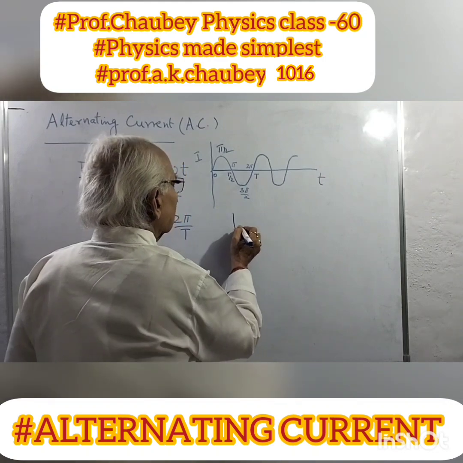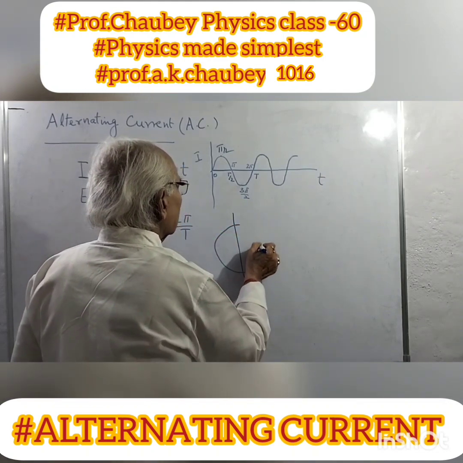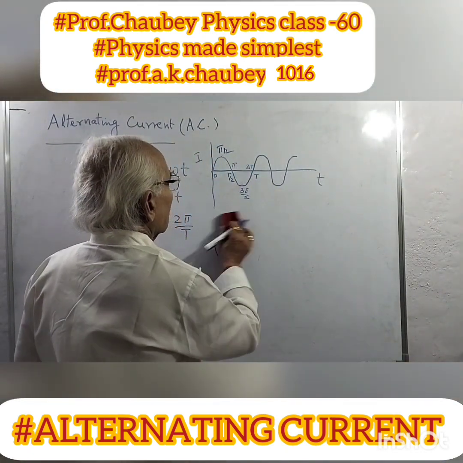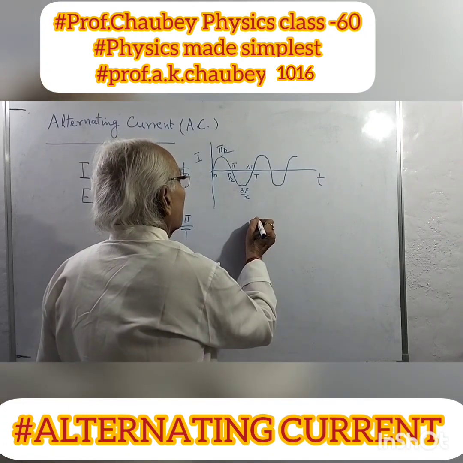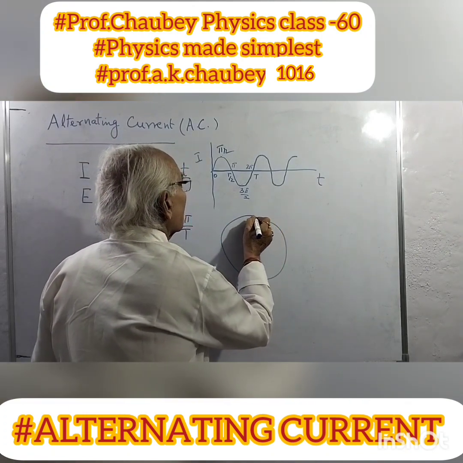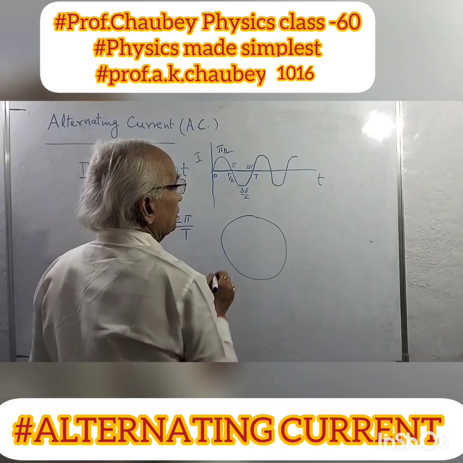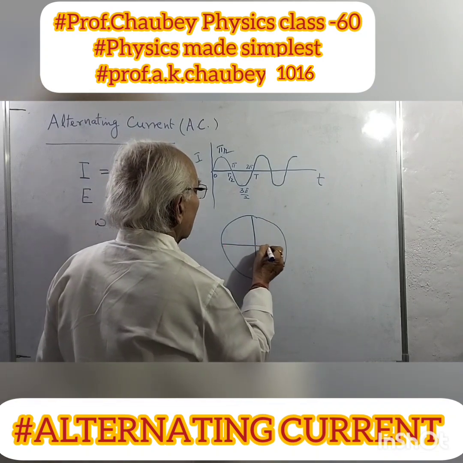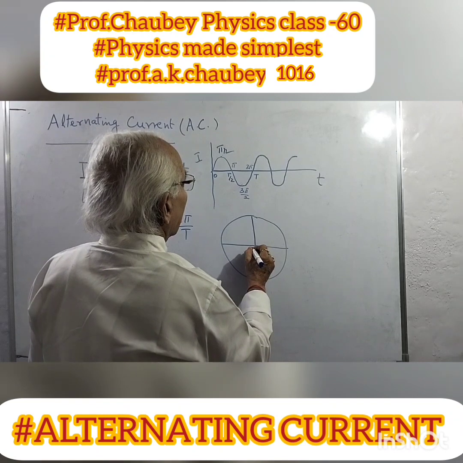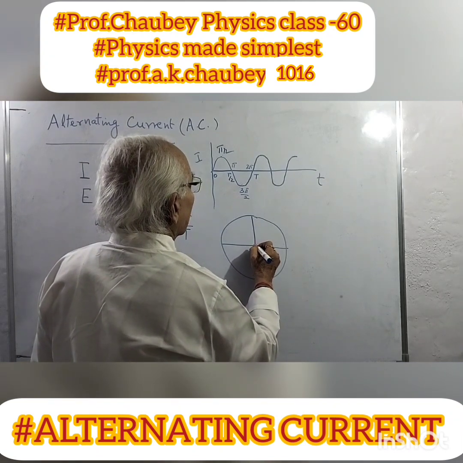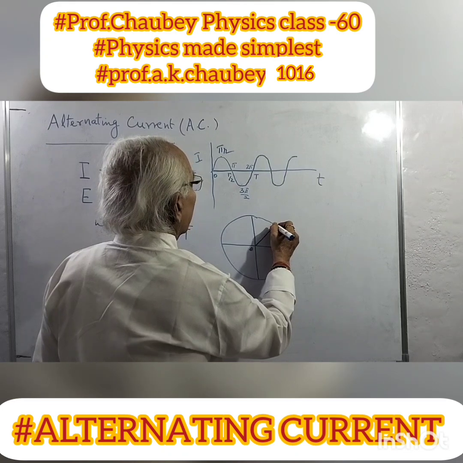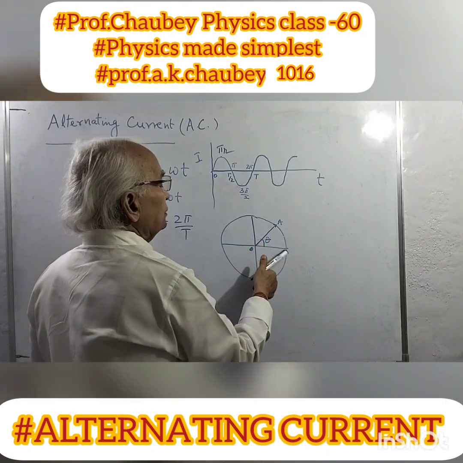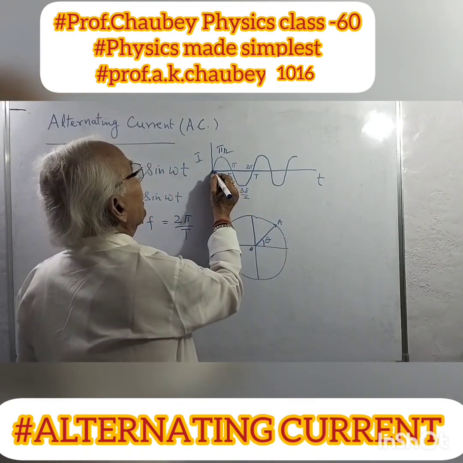Say you have a circle, the diameter of the circle here, and we have a vector, with O here, and this vector OA making angle theta. If the angle is 0, A is here, it means it is starting here.